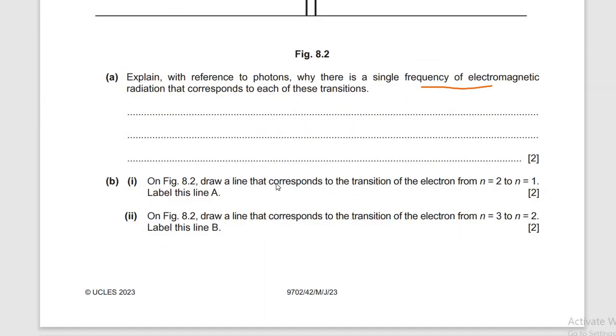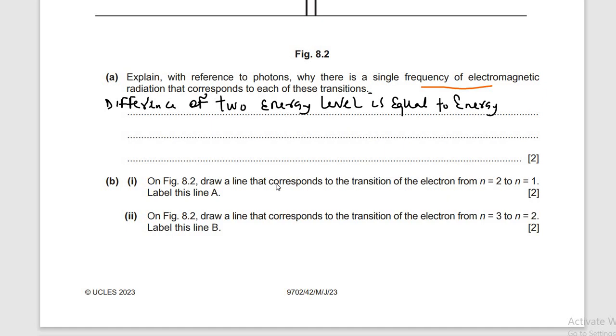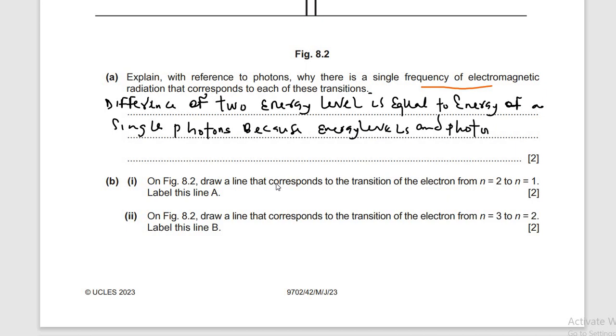Now I can write this. The difference of two energy levels is equal to the energy of a single photon, because energy levels and photon energies are discrete.